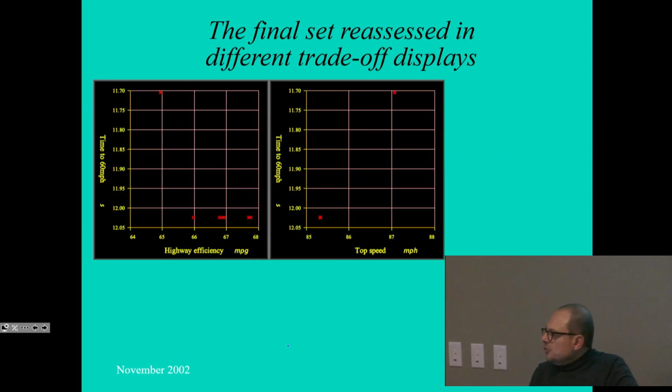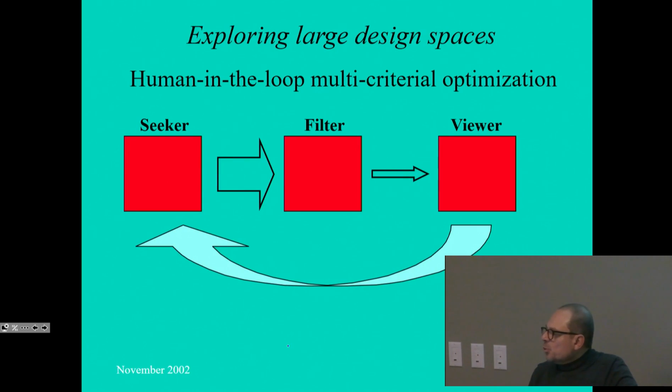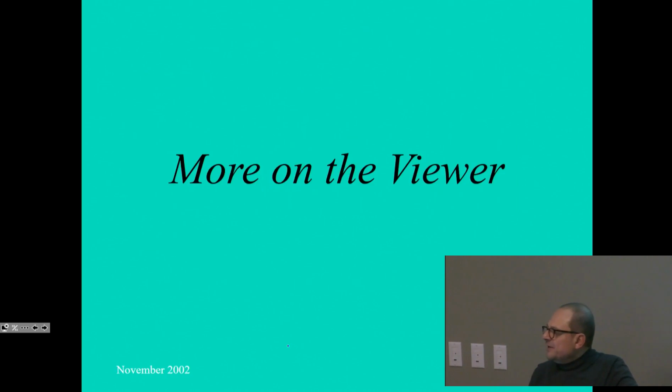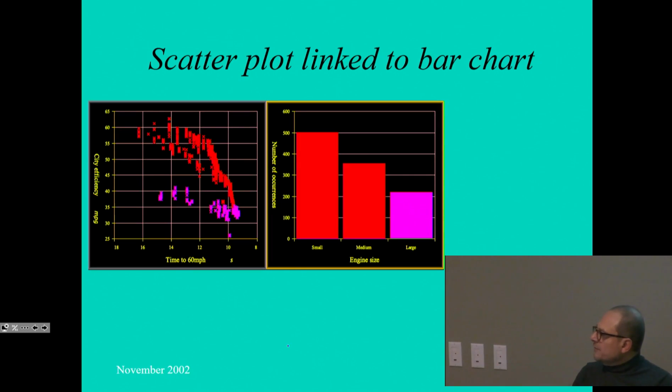But you can now look at all the different trade-offs, and with the human in the loop, we have the ability to make decisions in which we don't force at the beginning a weight on each cost element of the cost function. We leave everything open, and in interacting with the human, the system allows us to come up with a Pareto solution. Now, more on the viewer.